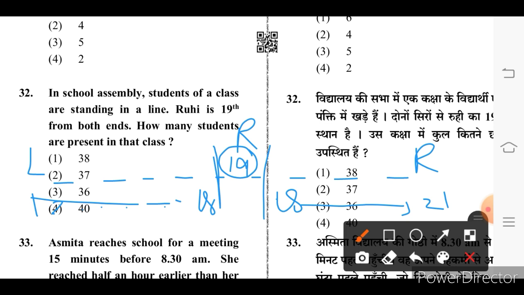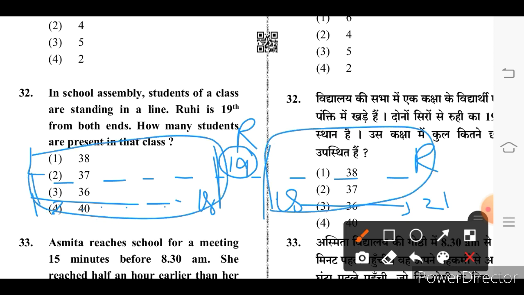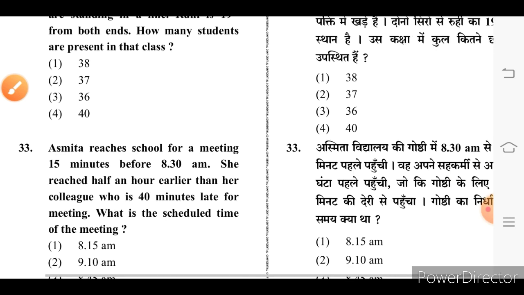When we add these, 18 members plus 18 members gives 36 students, plus Ruhi 1. So the total is 37. The total number of students in the classroom is 37. So the second option is correct.